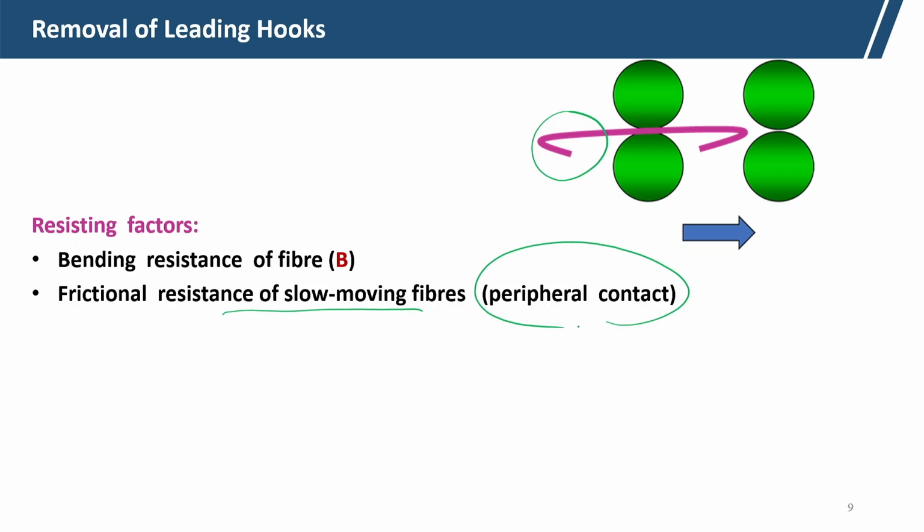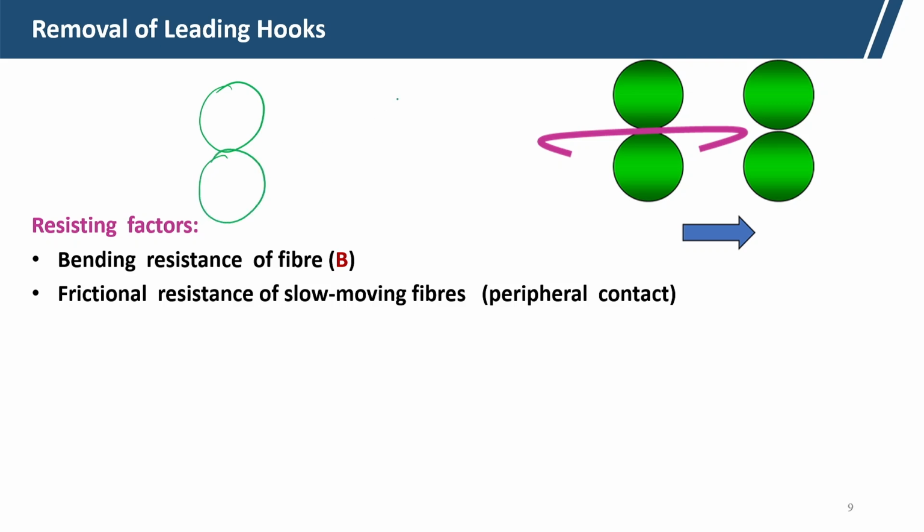So, when we are talking about the removal of the leading hook, let us see, draw. This is the front roller and back roller. The leading hook is there, and we want to remove the leading hook.